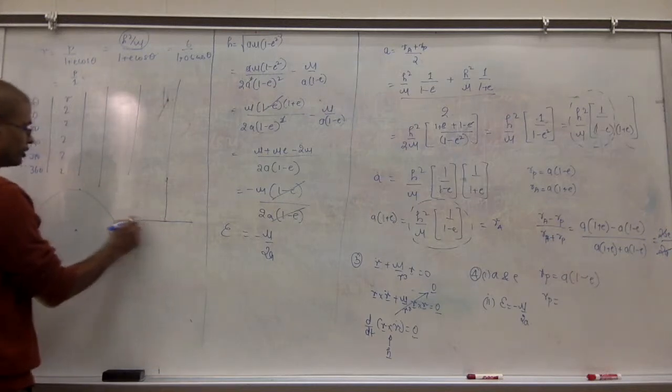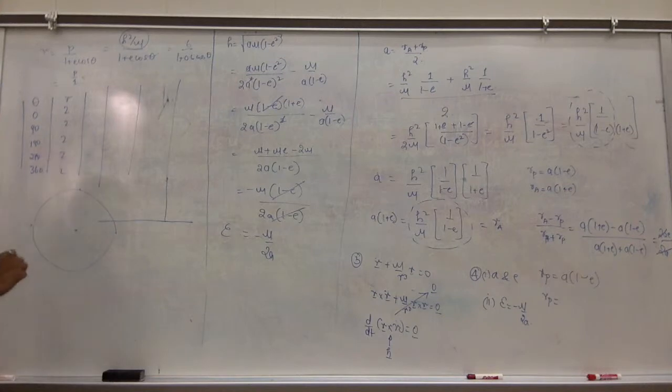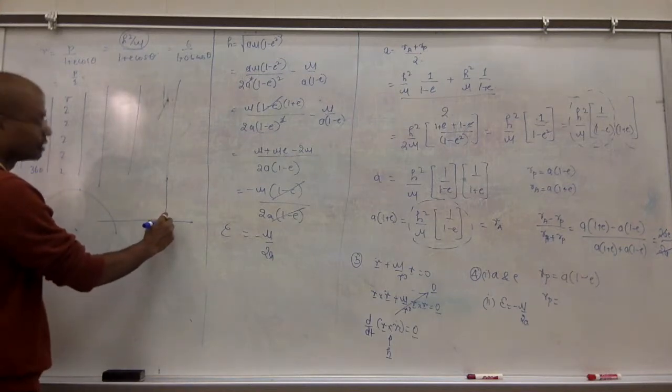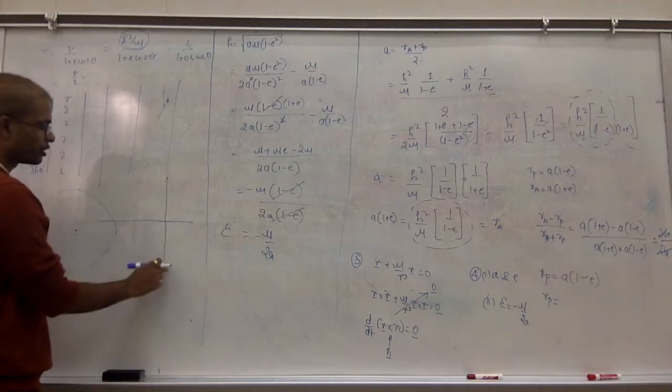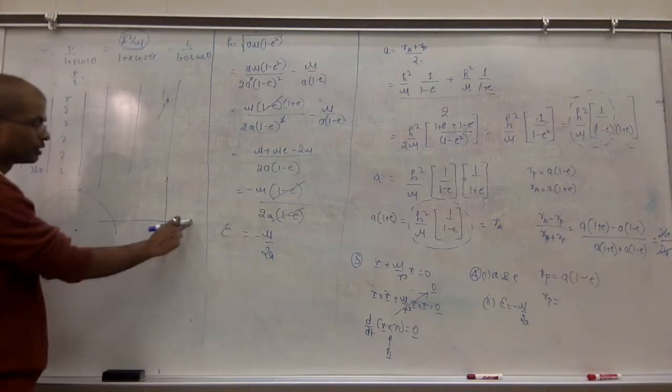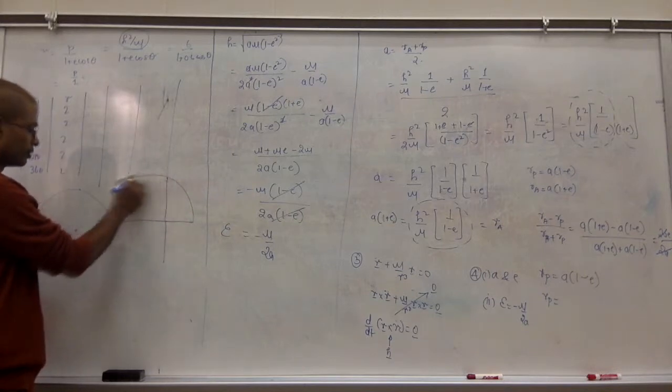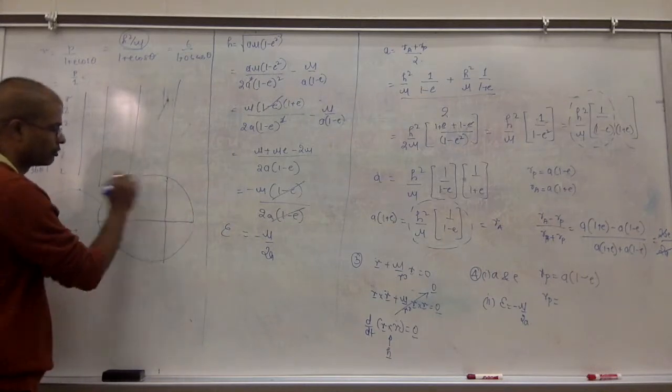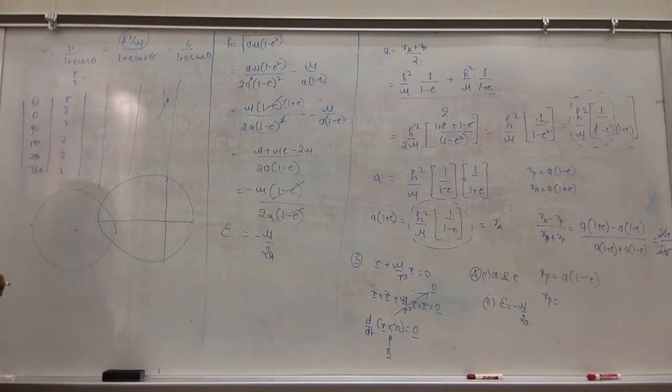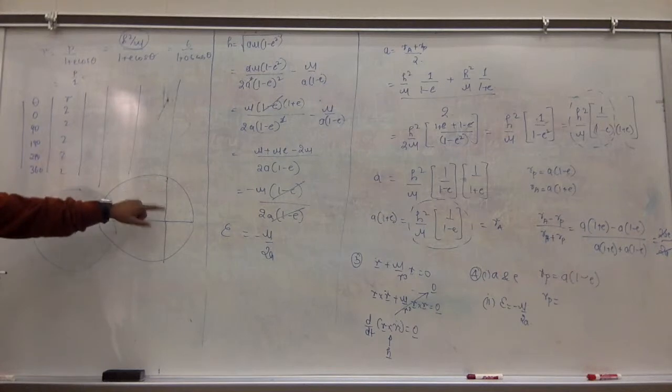So this will be 15. At 270, it will again be 0, so 6. This and this distance will be the same. At 360 again it will be here. Now if you join these, you'll end up with an ellipse. It will not be an X shape, it will be an actual ellipse.